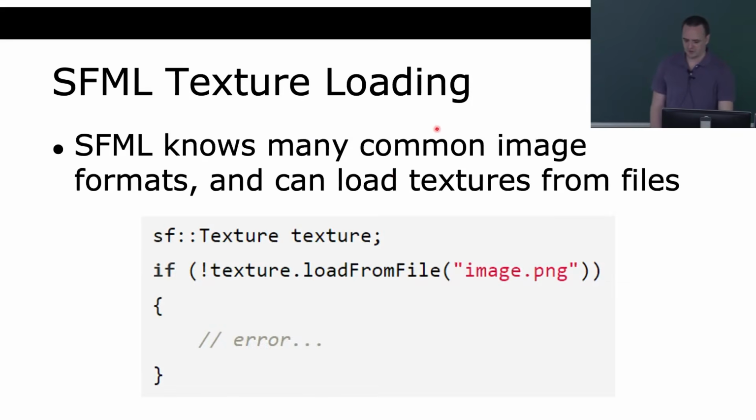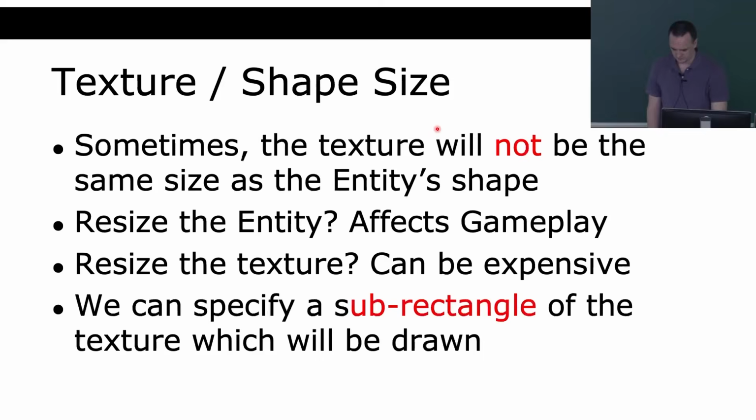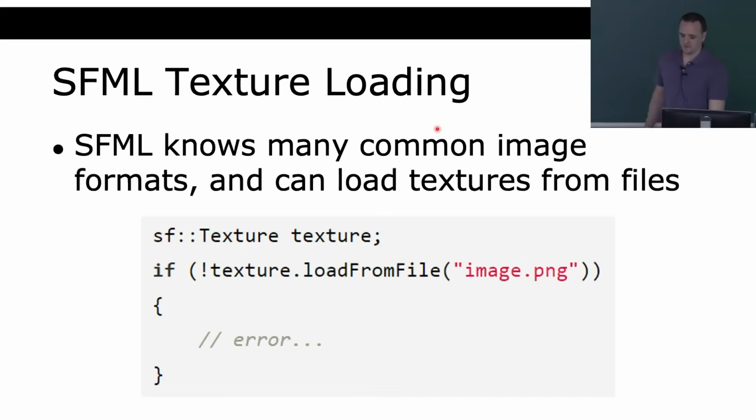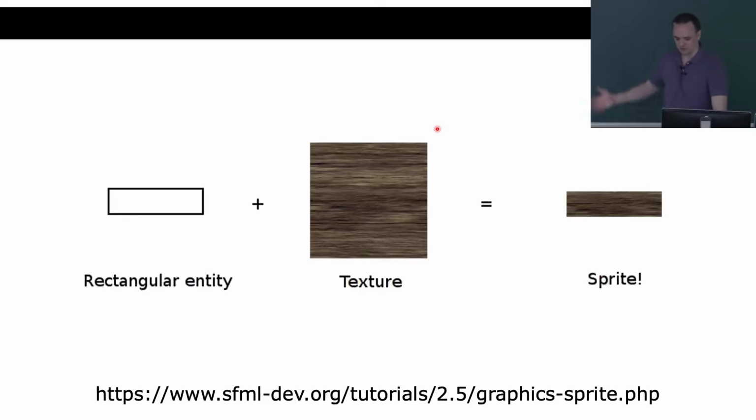And, oh, I thought I had code here that showed you that a sprite inside SFML, if you actually go to the GitHub and look at the source code for a sprite, what it stores is a shape. So it's got this rectangle shape, and then it's got a pointer to a texture that lives somewhere.